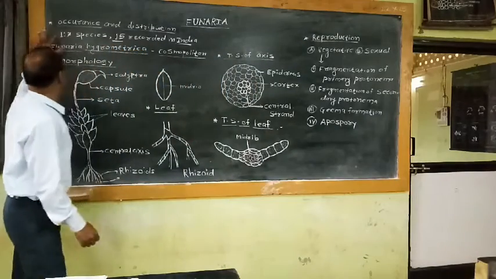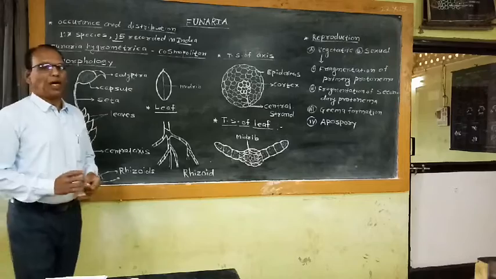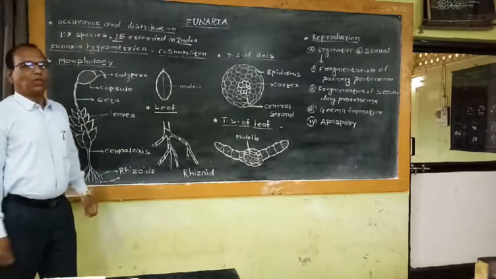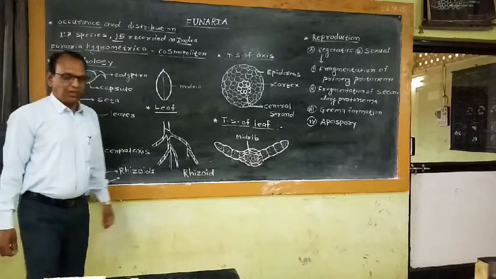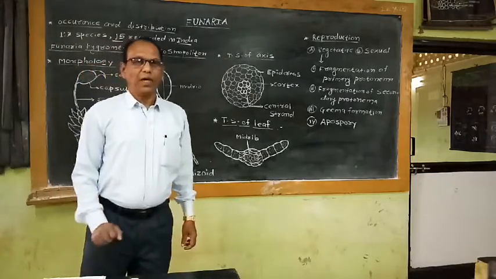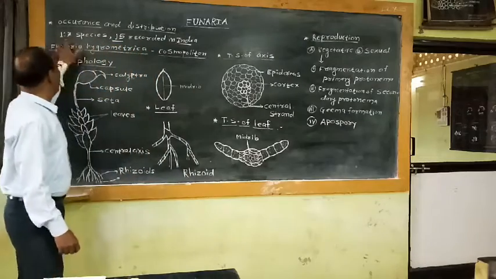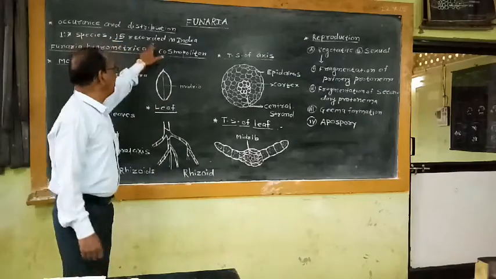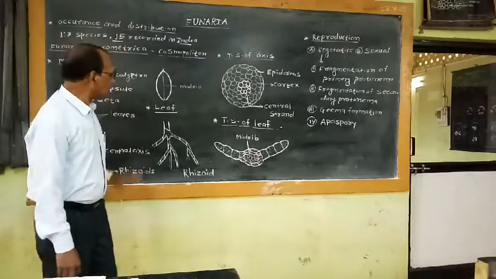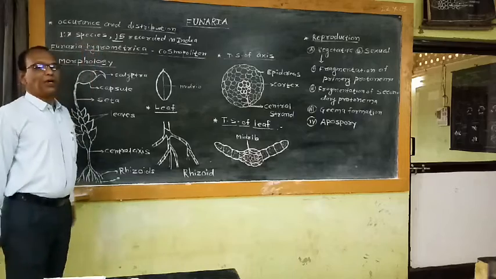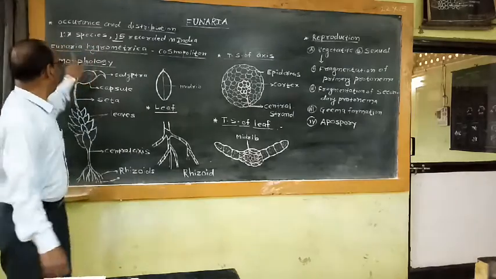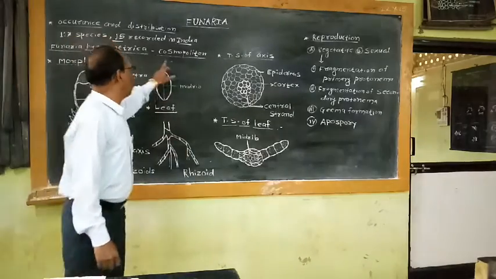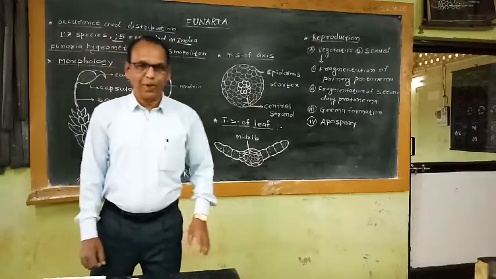So if we see the occurrence and distribution of this Funaria, it comprises about 170 species throughout the world. Out of these 170 species, near about 15 species are recorded in our country, in India. Out of these 170 species of Funaria, hygrometrica is a cosmopolitan species of Funaria.